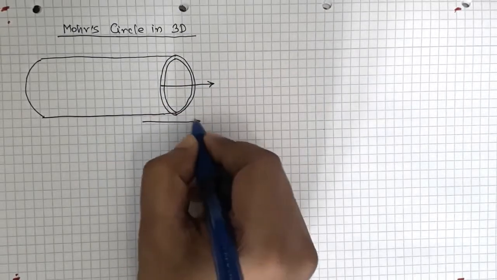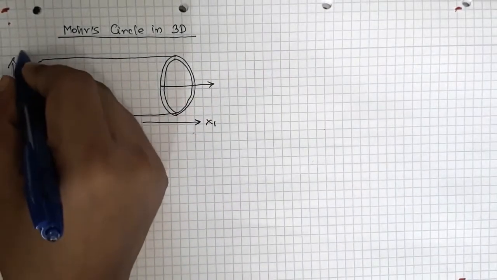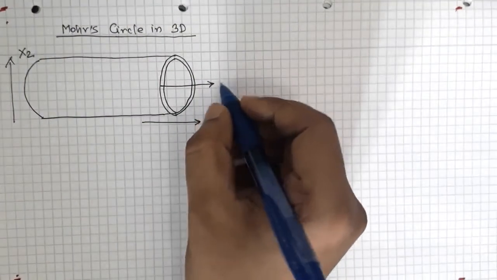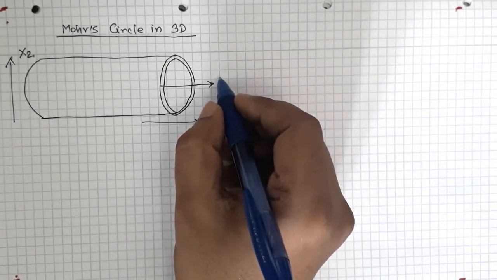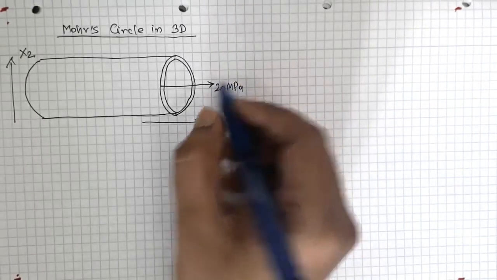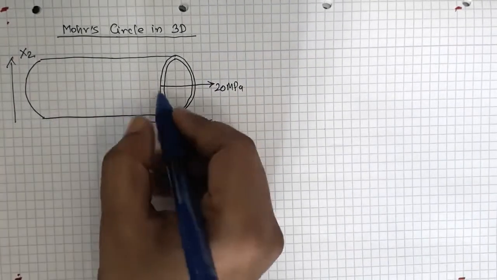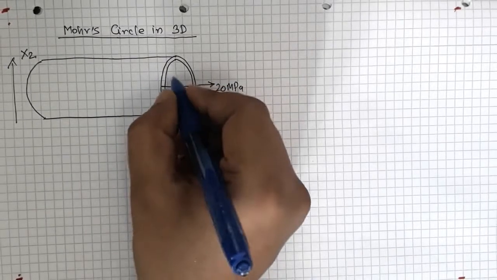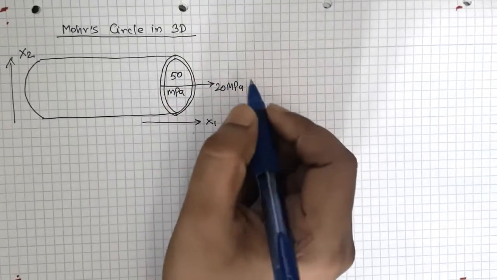Let's call this direction x1 and this direction x2, okay. Let's say there is a stress applied here of 20 megapascal, and you have an internal pressure, so that pressure will be acting perpendicular to the wall thickness, and that internal pressure is 50 megapascal, okay.